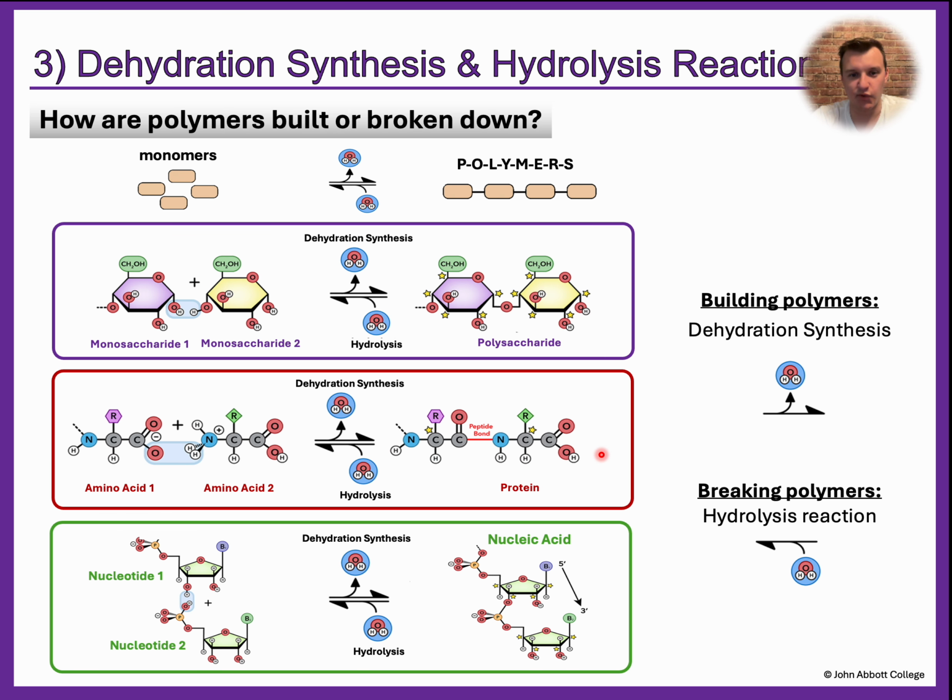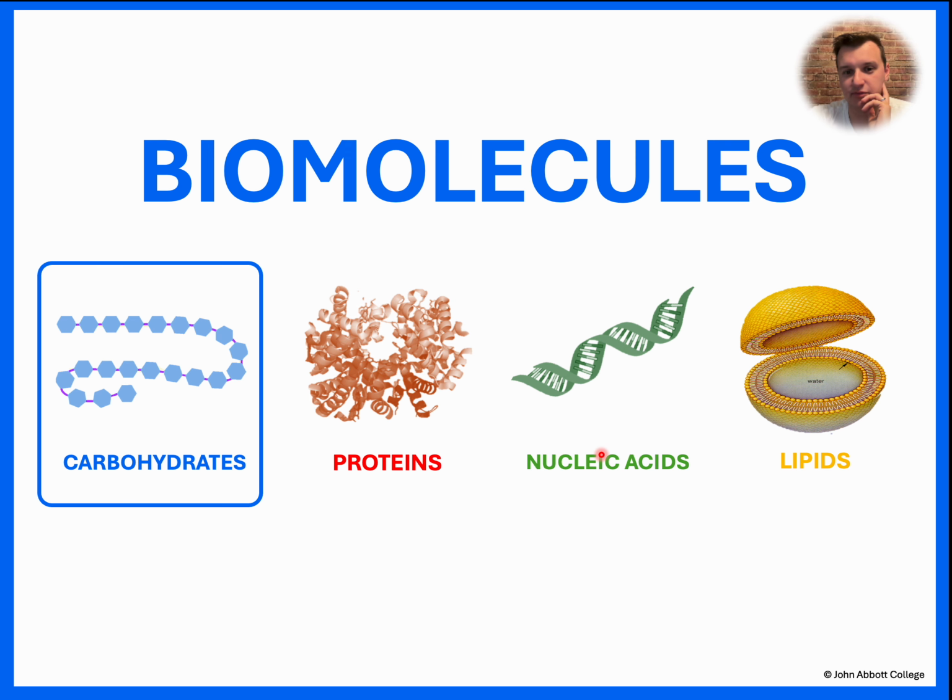This slide here is important because for every one of these biomolecules, the same thing can happen. You could build a chain of Legos together, or you could break the chain down. And our body is just a bunch of reactions building and breaking things, okay? So I need you to understand this concept pretty well. And now we're going to look at it for each of these separately. So for carbohydrates, right?